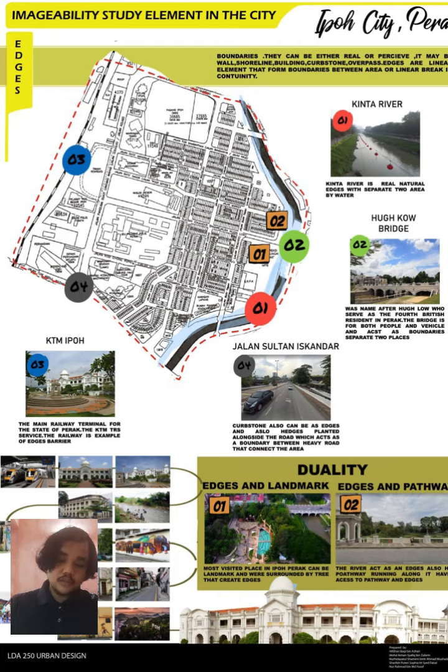So there's a duality, which is edge and landmark. Another one is pathway and edge, from the Kinta River. Kinta River itself can be an edge, but there's a walkway, a pathway alongside the Kinta River, so it creates a duality, which is edge and pathway. So yeah, that's all from me. Thank you so much.